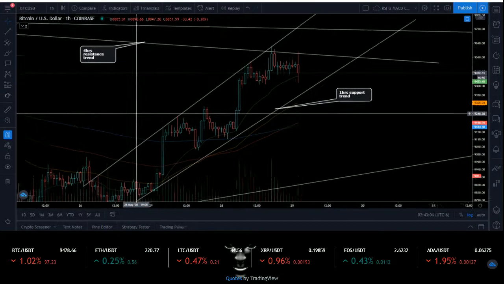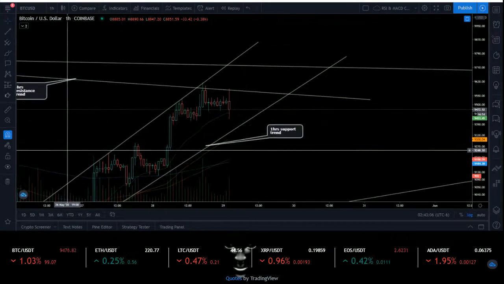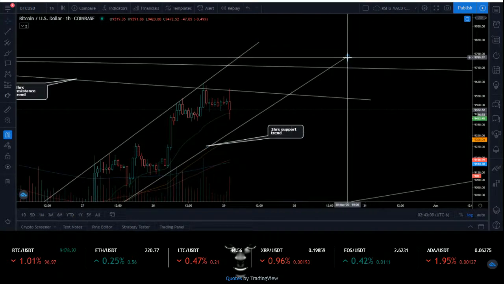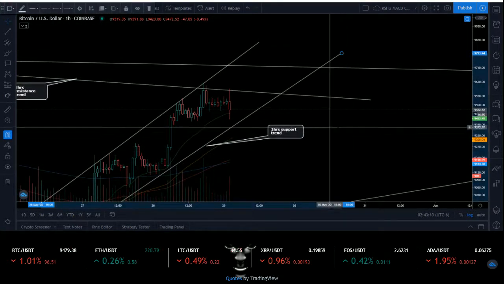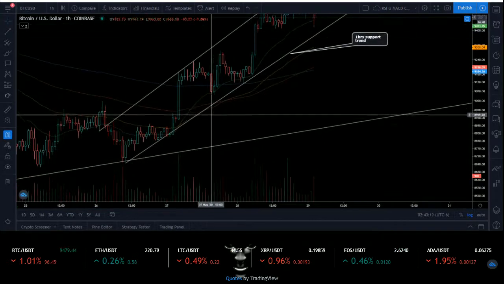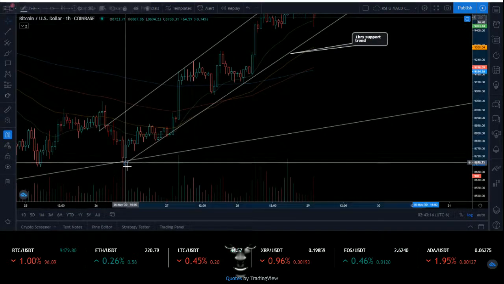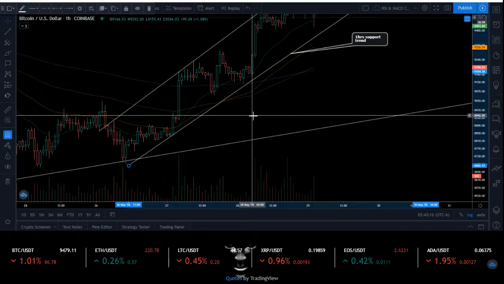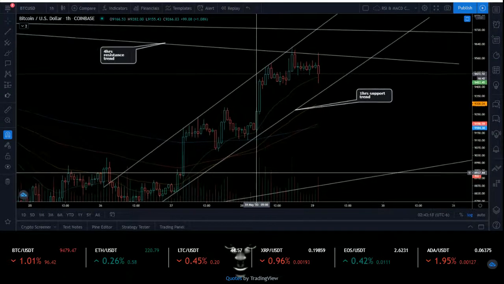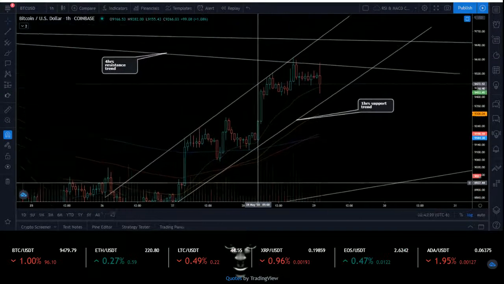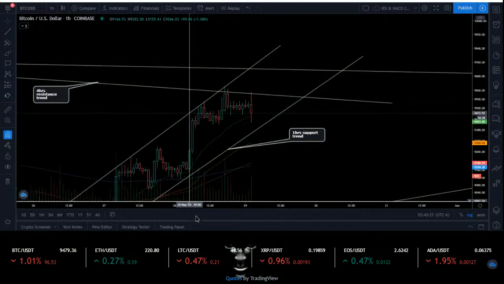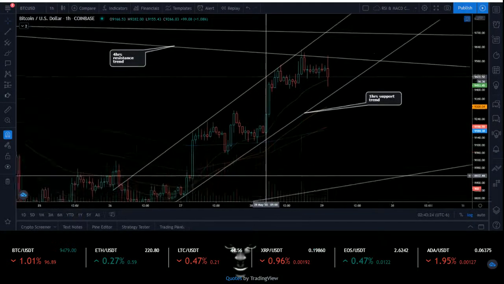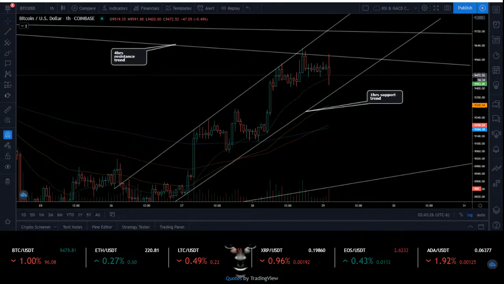Okay, so yan. Let's make this more closer. Review. Ayan. So now, meron na tayong plan. Meron tayong plan dito. So next, this one, the support and resistance trend.